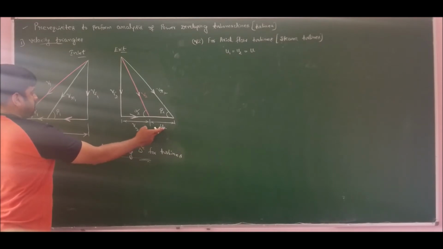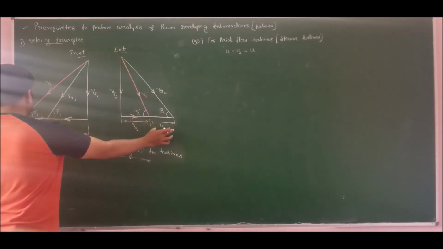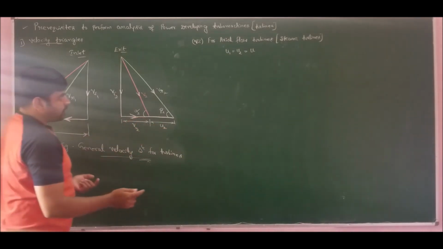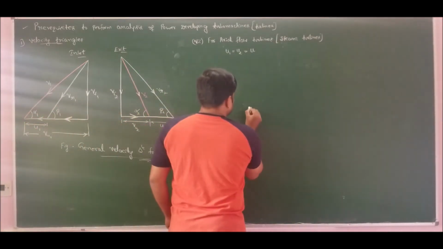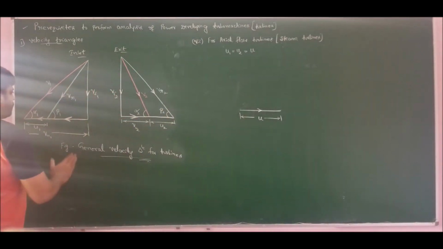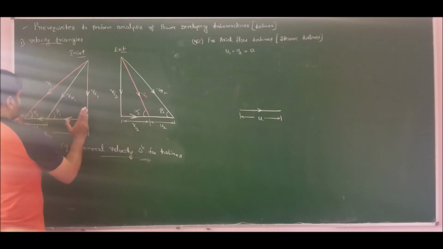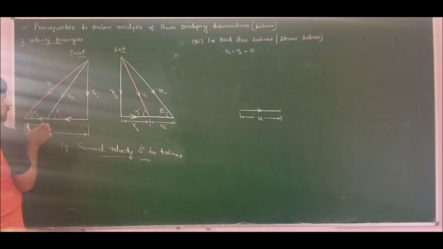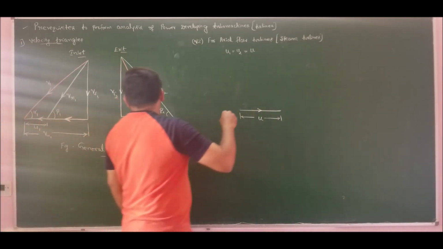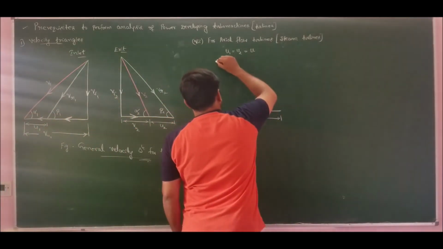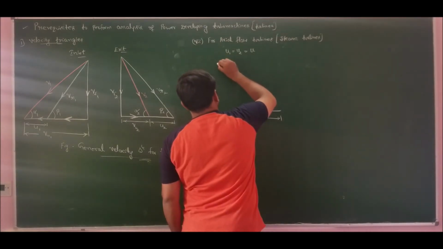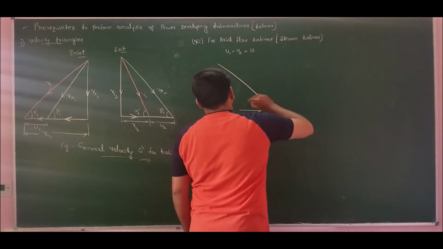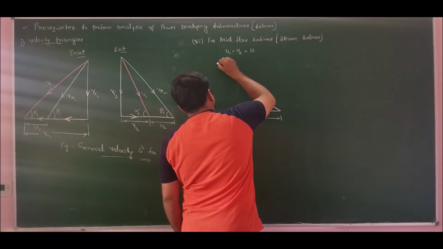Since we have U1 is equal to U2 is equal to U, I can draw both with a common base U. First I will draw U. Now I will draw a mirror image such that it coincides with U. If I draw the mirror image, I will get V1 from here and I will get VR1.